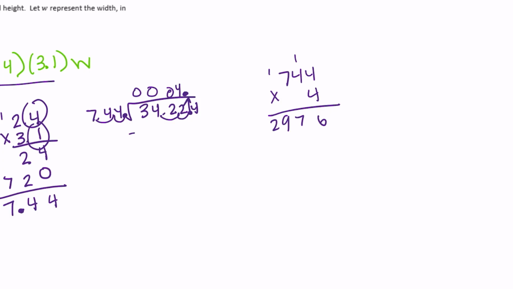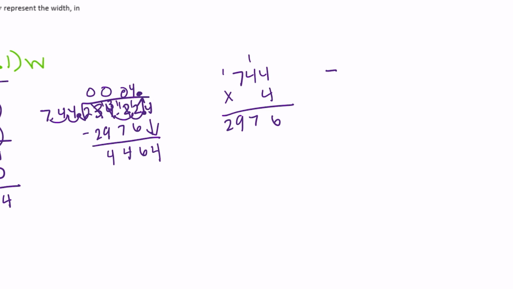Let's subtract 2,976. 11 minus 7 is 4. 3 minus 9, lots of borrowing. 13 minus 9 is 4. So we get 446. Bring down the 4. So how many times could it go into 4,464? Let's see.